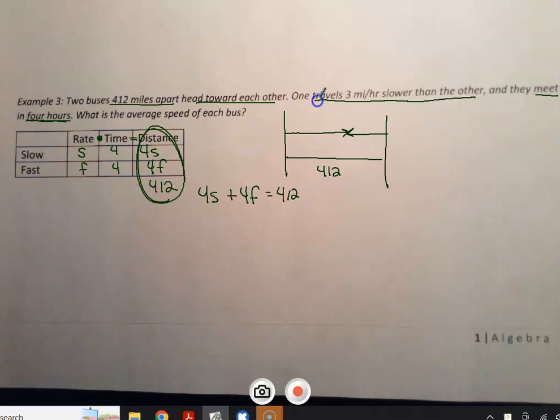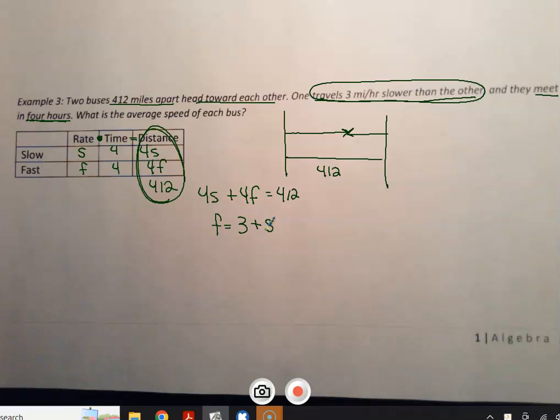It's this fact that one train travels 3 miles slower than the other. Because we do have to have another way to link S and F together. Typically, in the past when we've done these, we've had to use the same variable. We don't anymore, but we have to know that the fast train is going 3 miles faster than the slow train. So we have F equals 3 plus S.